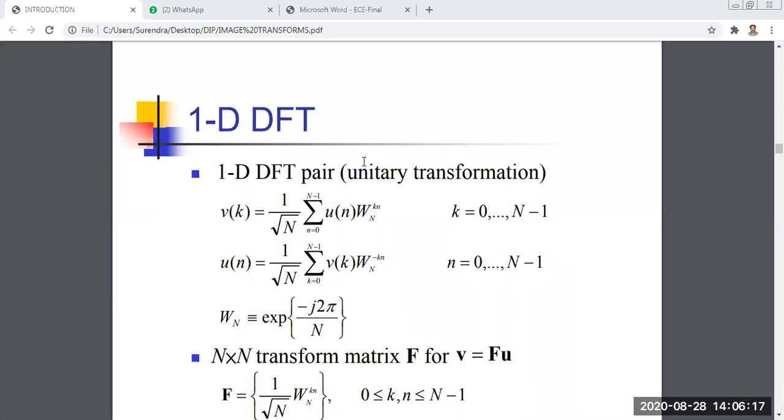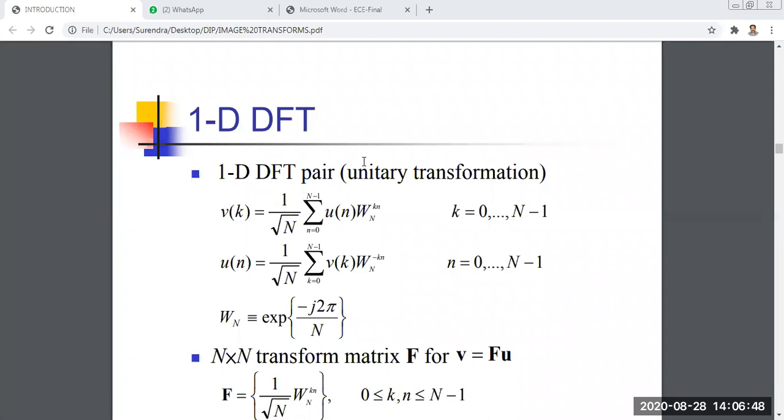Spectral means the spectral components, the energy levels, the different phases and frequencies of our signal. We need to convert the signal or image from one domain to another domain. That is our need for transforms. Since we use the transforms for images, it is called image transforms instead of signal transforms.